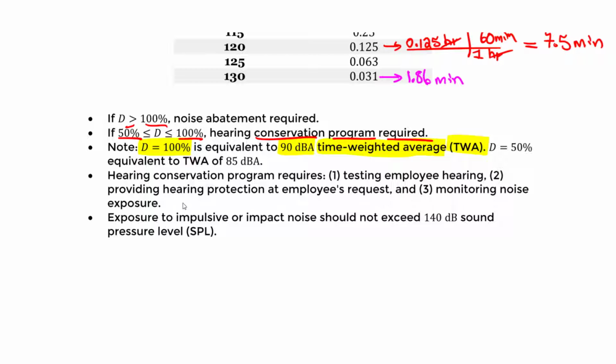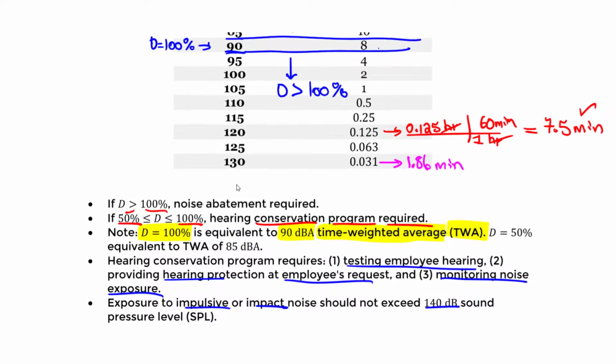Here it says the hearing conservation program is required, and note we employ that when we have a D value of 50% to 100%. You test an employee's hearing, provide hearing protection at the employee's request, and monitor the noise exposure. Then we know exposure to impulsive or impact noise should not exceed 140 decibel sound pressure levels. Anything high impact or impulsive should never exceed 140 decibels based on the OSHA regulation, which is very high.